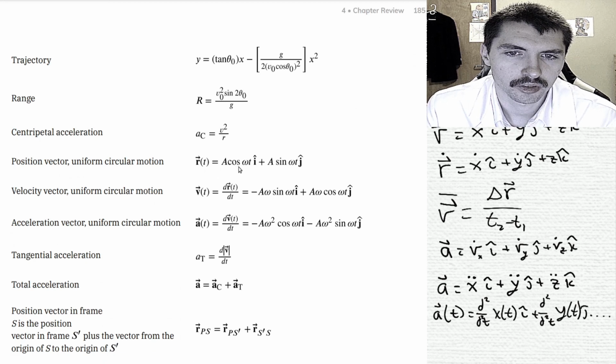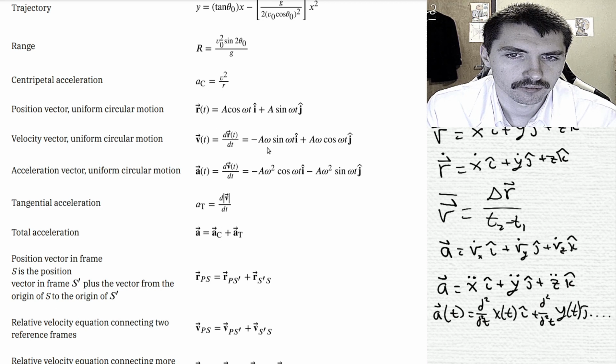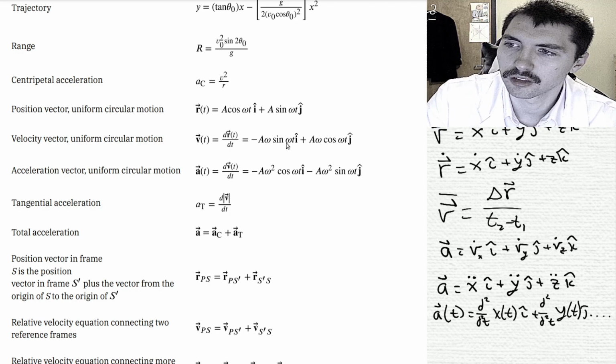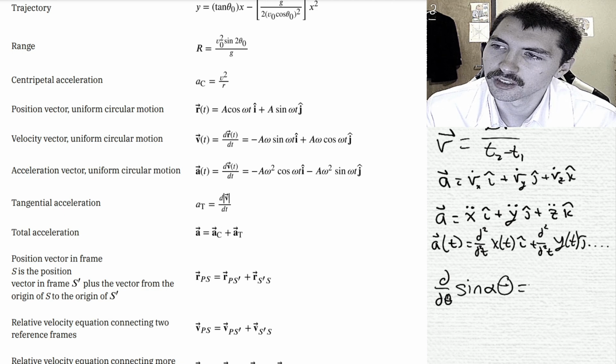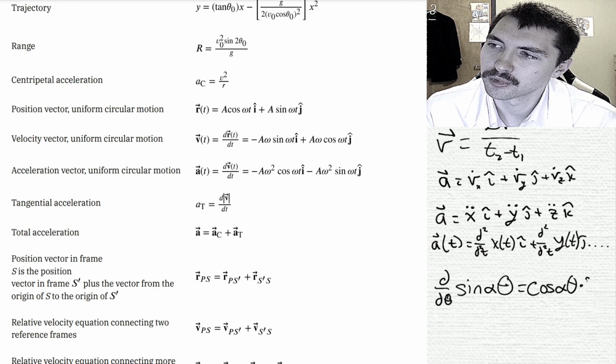So in circular motion, remember when you're differentiating, if you're doing d/d theta of sine, let's say alpha theta, it's going to be cosine alpha theta times the derivative of the inside, which is alpha theta.